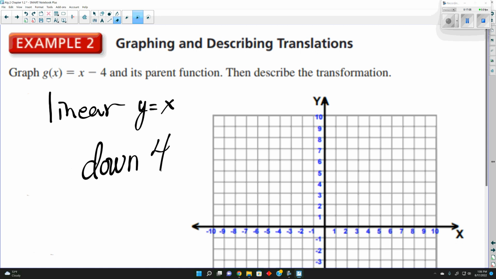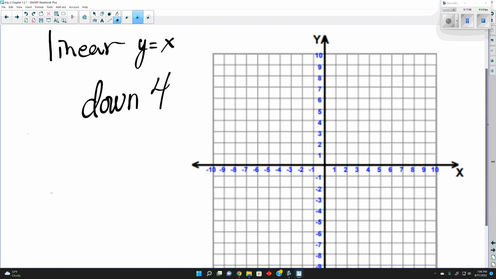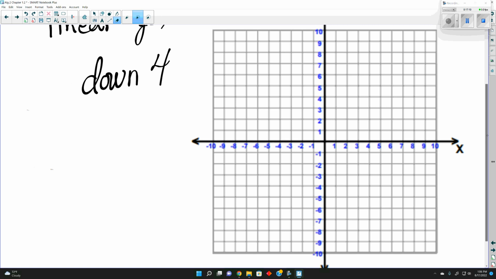Now the reason that this is helpful is that if I know the parent function is this right here, and the transformation is moving it down 4, then every spot on the graph would move down 4. So this would move down here. This would move 1, 2, 3, 4.